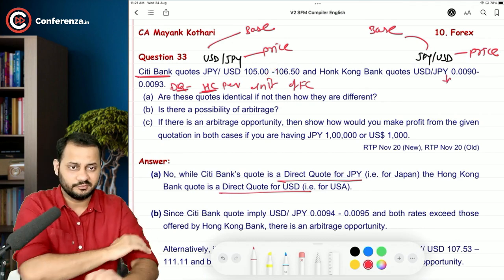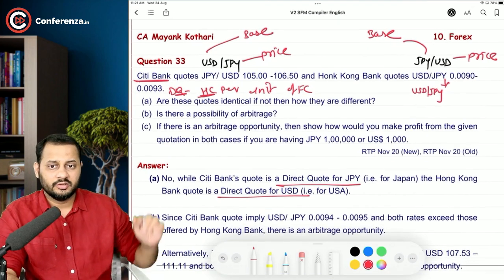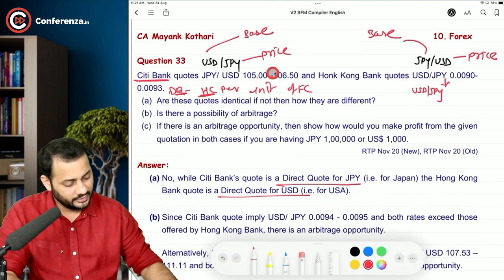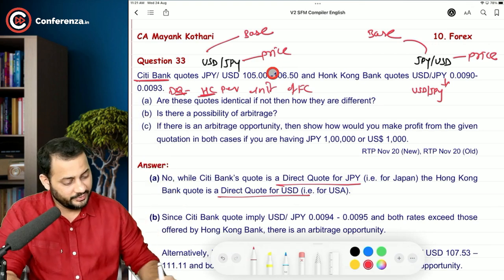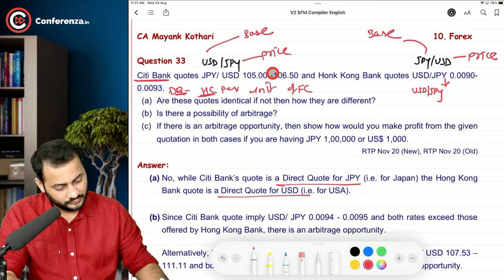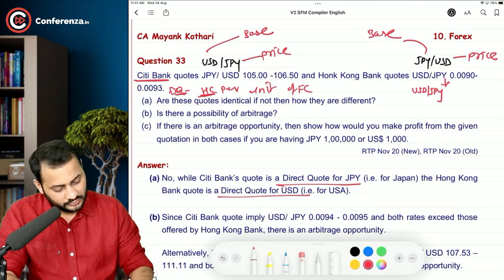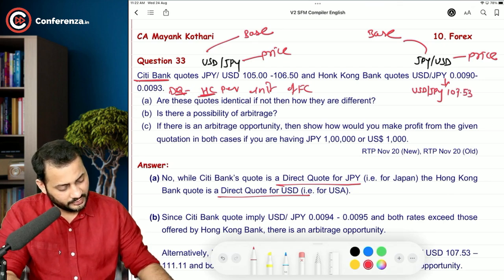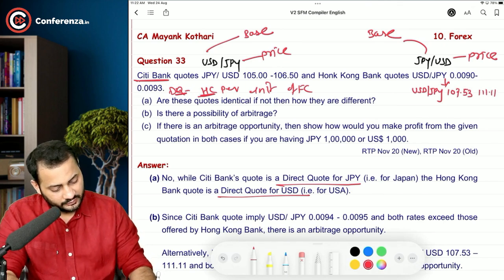If I make it USD/JPY, I will write 1 divided by 0.0093, which is the ask, on the bid side, and 1 divided by 0.0090. That's 107.53 and 111.11.